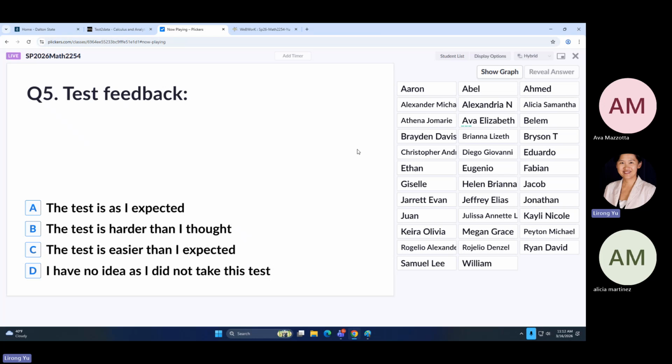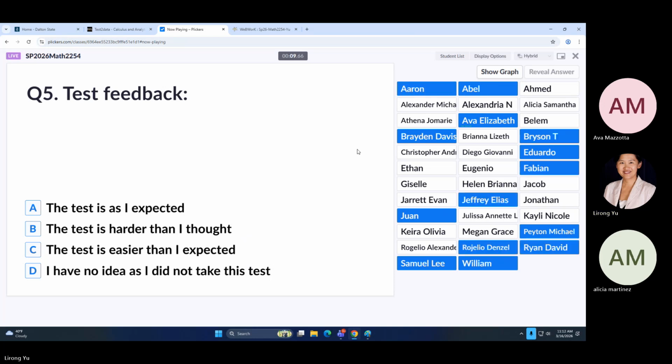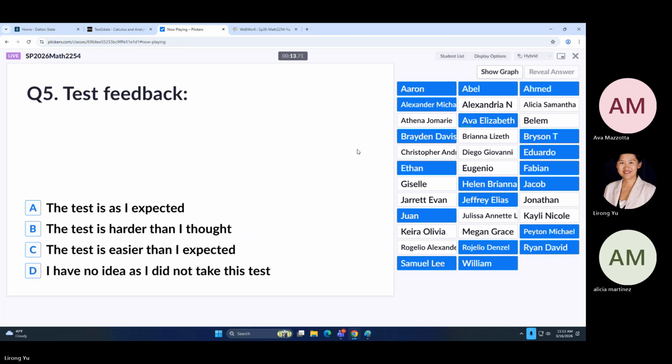We did similar things after test one. This survey helps give input, a better idea of the class. Enter your name and see if your response is recorded. Okay, so assuming that's all the responses.